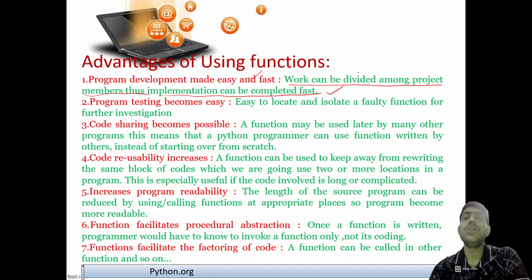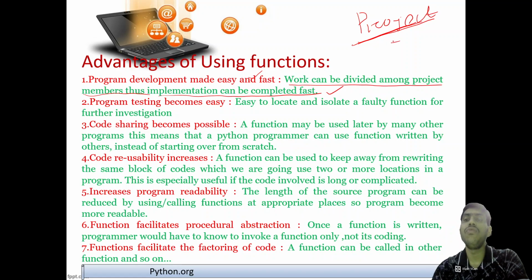Okay. So suppose one project, it is the real life I am telling. So one project will be assigned to a team of 5 members. Now the 5 members have divided their work. Suppose 5 functions used. First function will be worked on by the first member, second function by the second member, and it will go on.